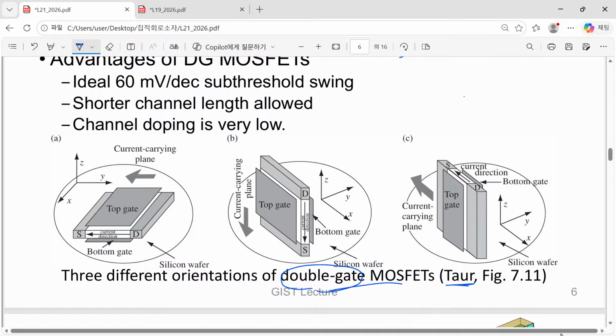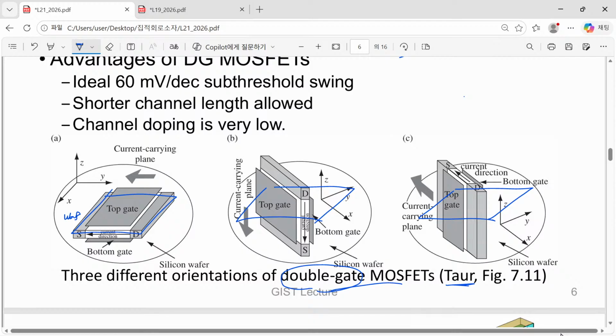And here we have three different possibilities for the channel direction. Please note that this plane is our wafer plane, and in this case this plane is the wafer plane, and this one is also the wafer plane.